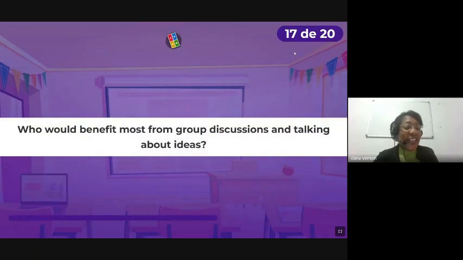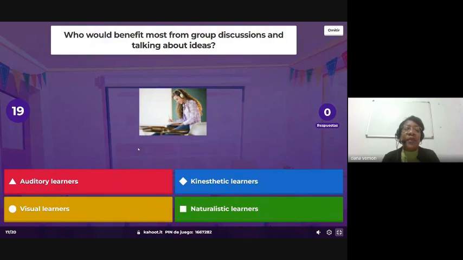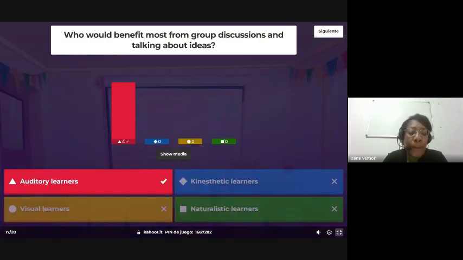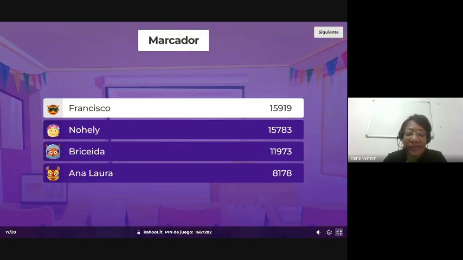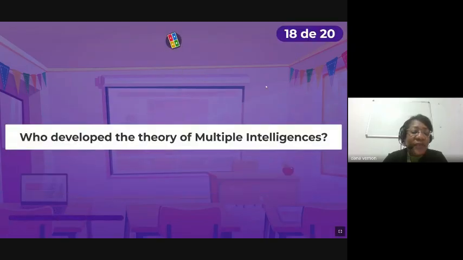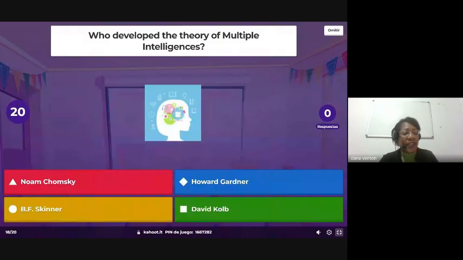Okay, 17. Who will benefit most from group discussion or talking about ideas? Auditory learners, visual learners, kinesthetic learners, or naturalistic learners? Good. It's 18. Who developed the theory of multiple intelligences? Noam Chomsky, Skinner, Howard Gardner, or David Poe?